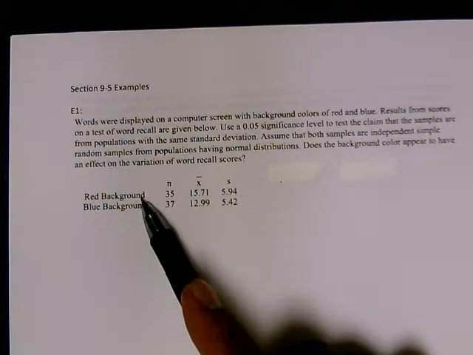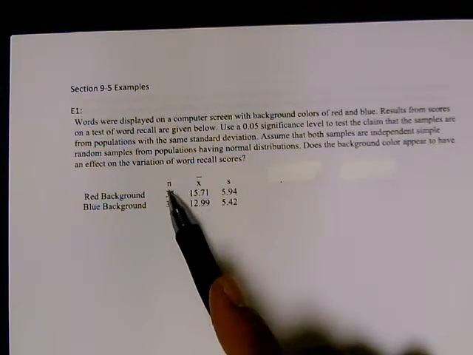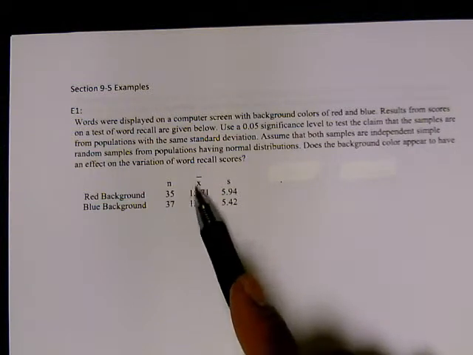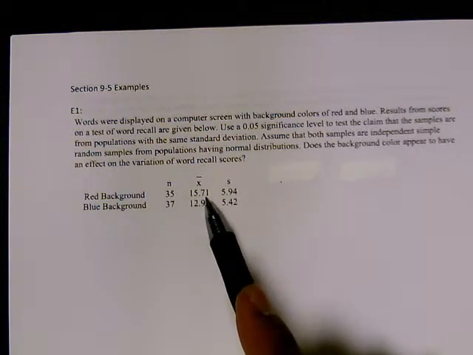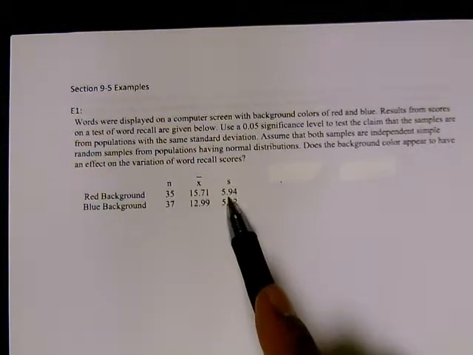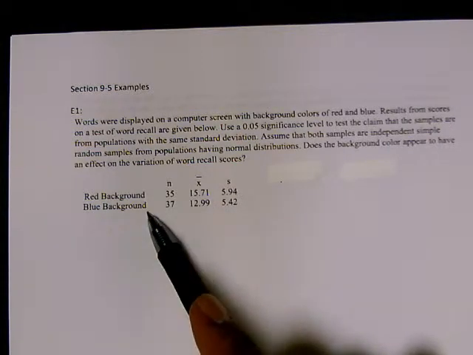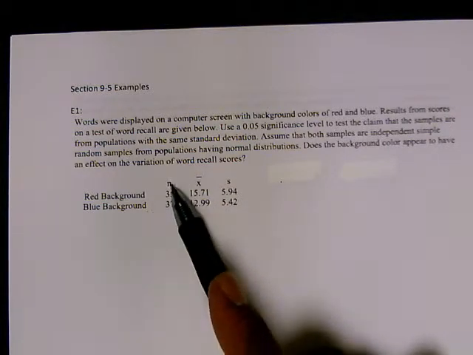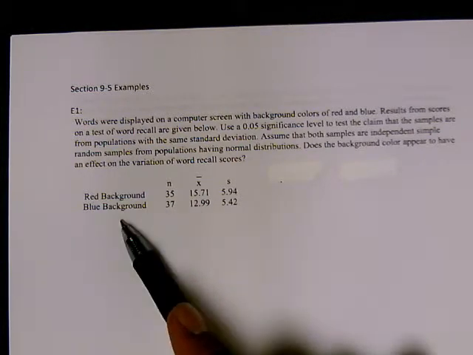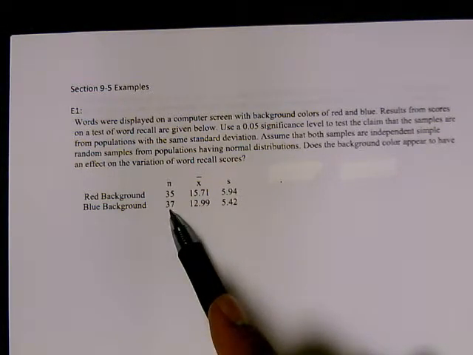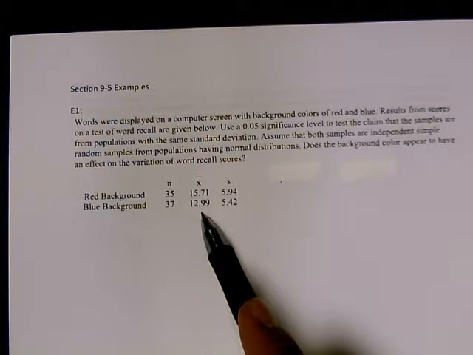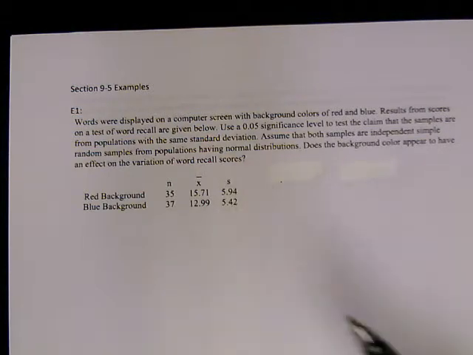So here we have the red background, where the sample size is 35, the sample mean is 15.71, and the sample standard deviation is 5.94. For the blue background, the sample size is 37, the sample mean is 12.99, and the sample standard deviation is 5.92.